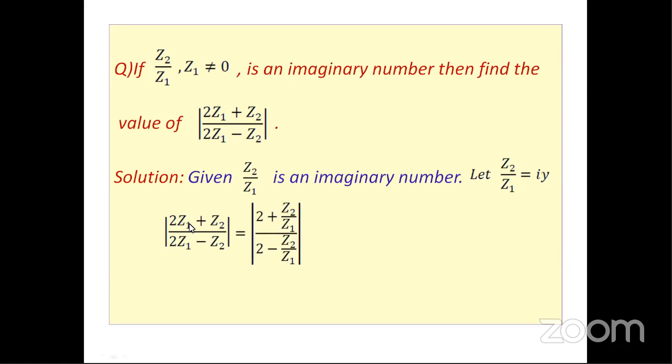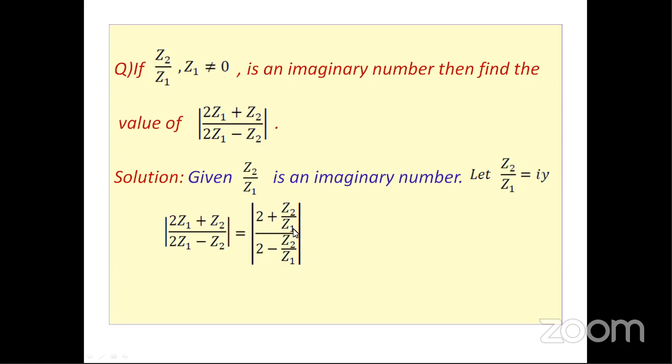Now, when I divide my numerator with z1, 2z1 by z1 is 2, isn't it? And then you have plus z2 by z1. Similarly, in the denominator, 2z1 by z1 is 2, because z1 and z1 get cancelled, minus z2 by z1.